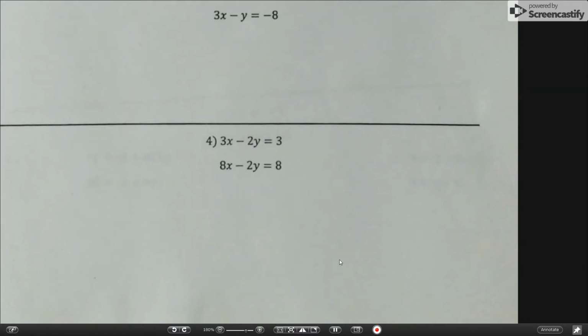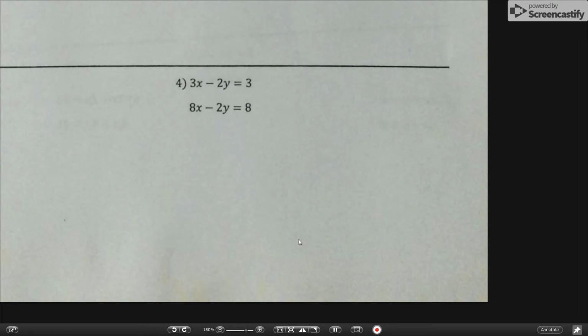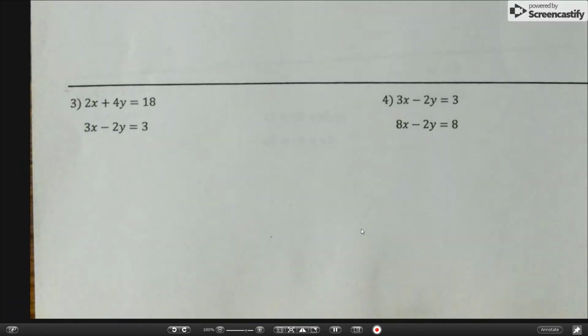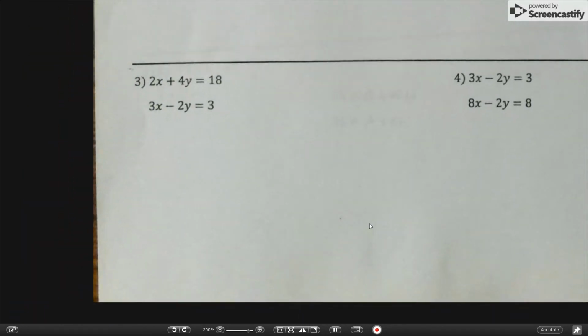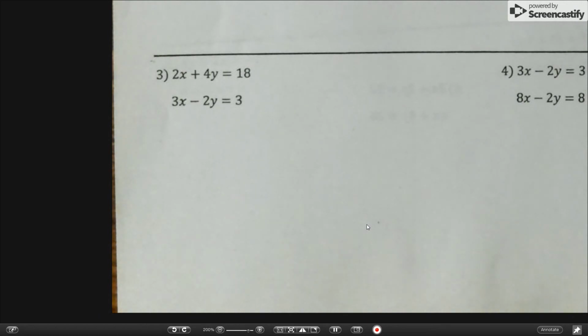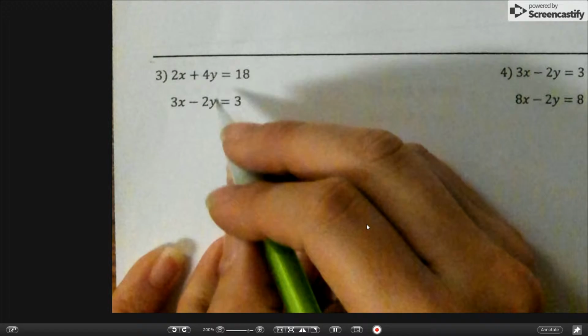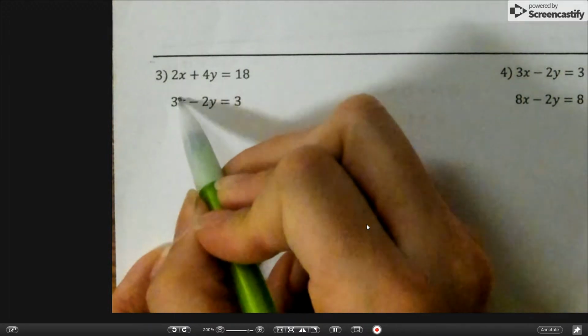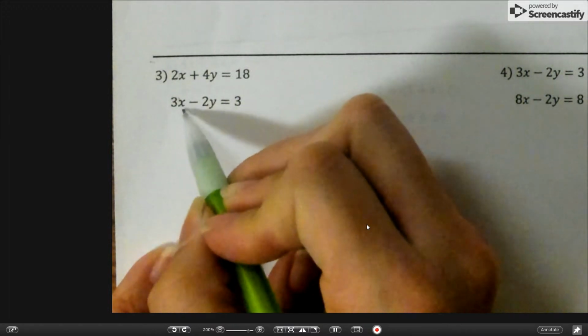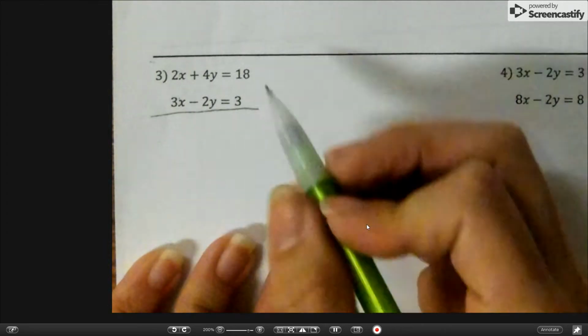For the next example, sometimes we need to multiply by a number so that our equations can have two numbers that equal 0. Because here if we add 2x and 3x, that doesn't equal 0.